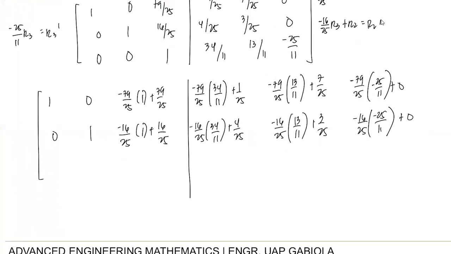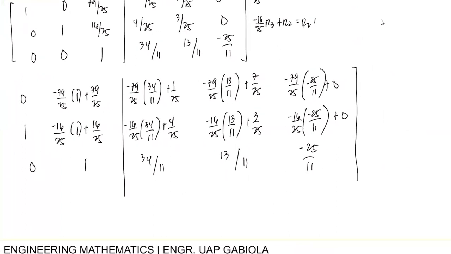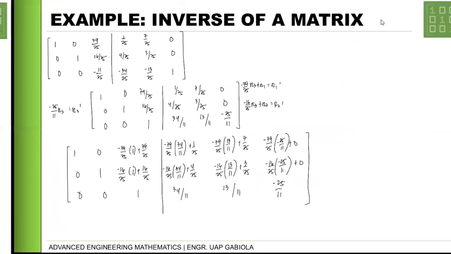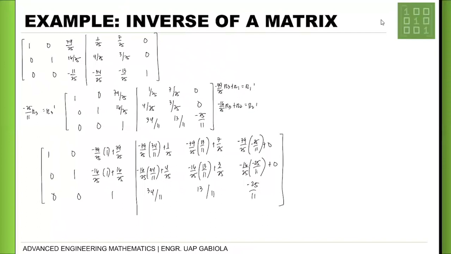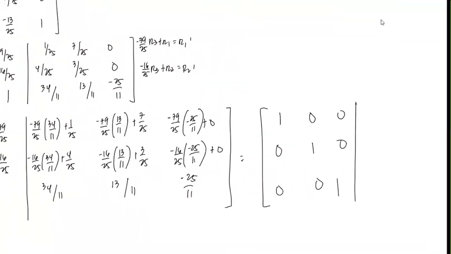Okay? Last row natin is just copy lang, no? Okay? So, simplify natin. Direct na sa calcu. We have 1, 0, 0, 0, 1, 0, 0, 0, 1. Okay? Then, to calculate na natin sa calcu yung remaining.